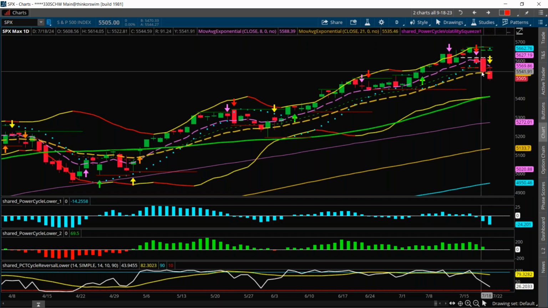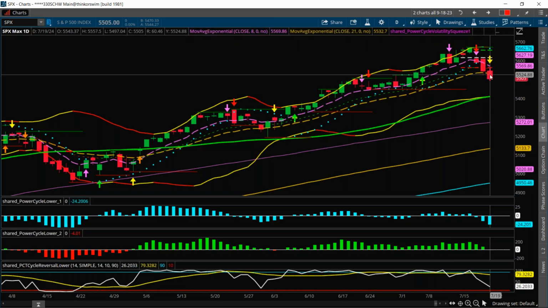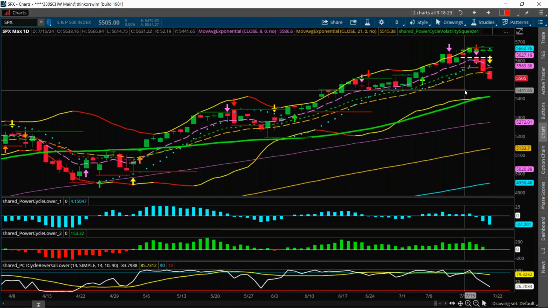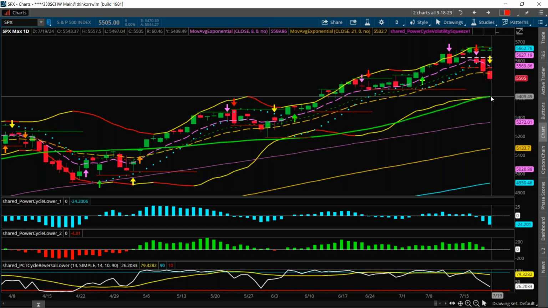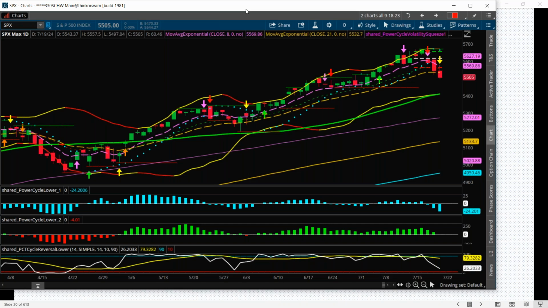We've got a break of the 21 EMA, so there's big potential next week to move down, potentially down to this 50 simple moving average here at 5,400, which would be 540 on the SPY. So that's a look there. Be aware of these things that are happening, and they're also starting to align with the seasonality of the market based on seasonal trends.